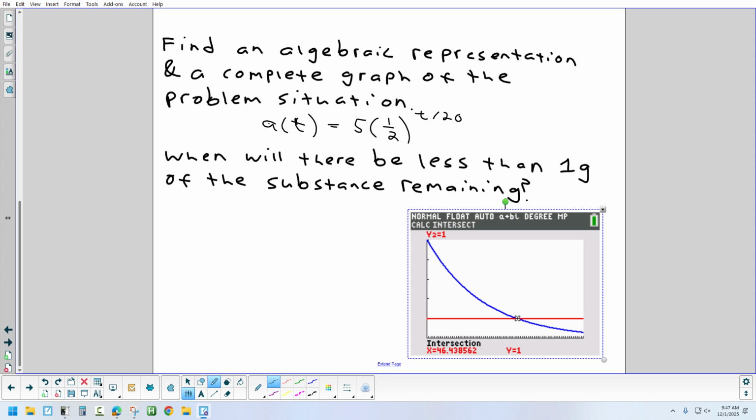After day 46. So anything greater than 46 days. If you said less than 46 days, that would put you over here. That's above 1 gram. You want to be over here. So anything after 46.4 days.